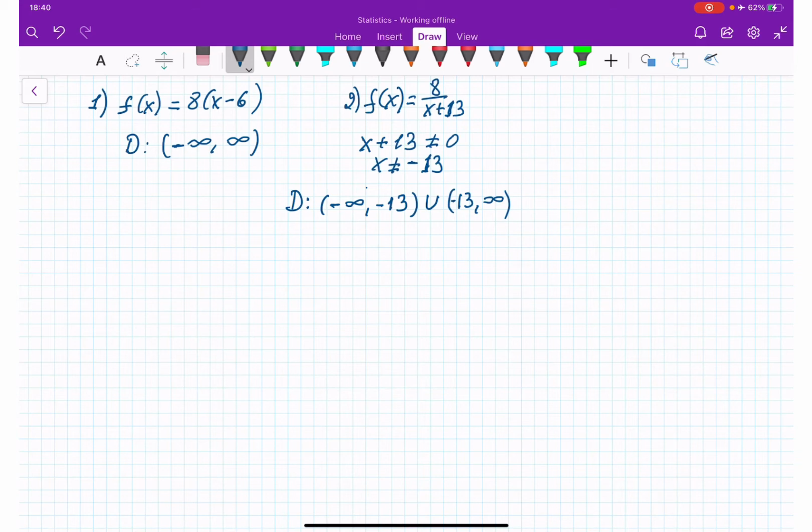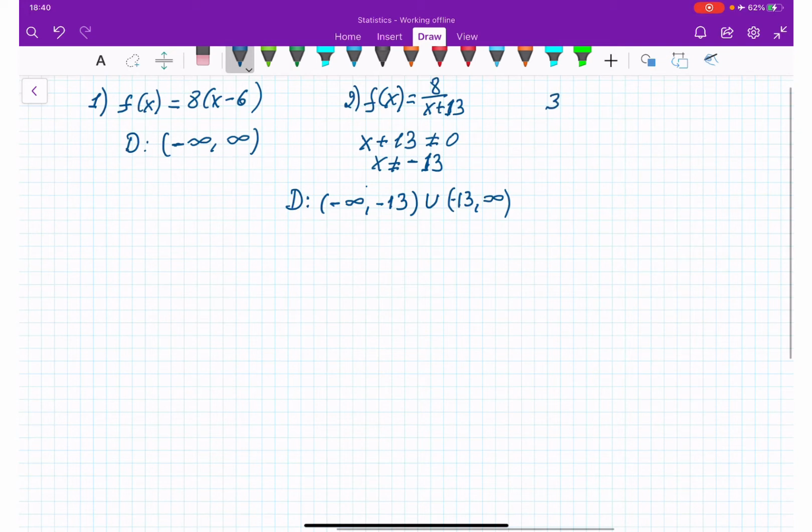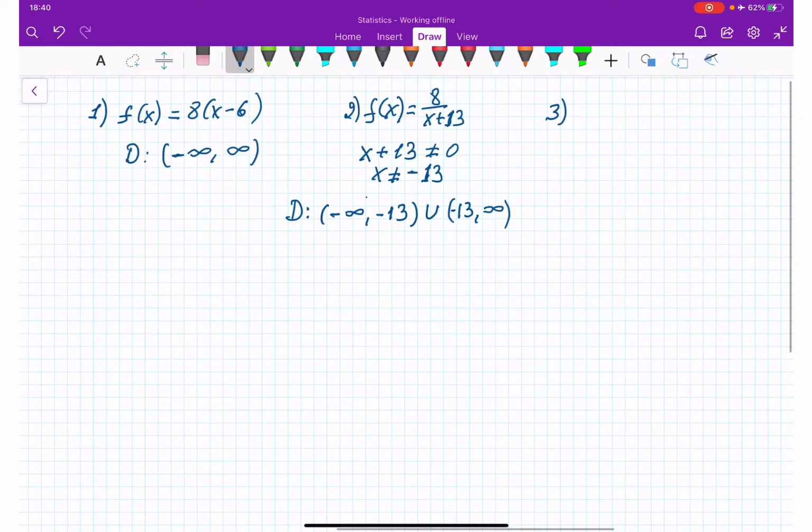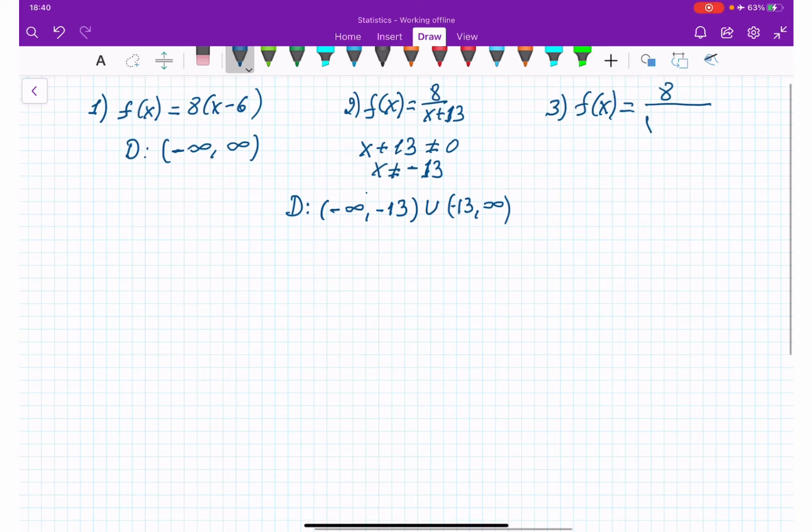Question number 3. F of x is equal to 8 over x squared minus 16x plus 63.